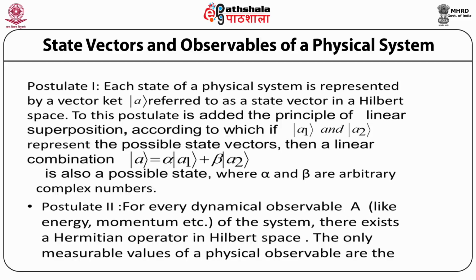Postulate 2 states that for every dynamical observable A, like energy, momentum, etc. of the system, there exists a Hermitian operator in Hilbert space. Here, what we mean by dynamical observable is the physical quantity that is measured in such a system.